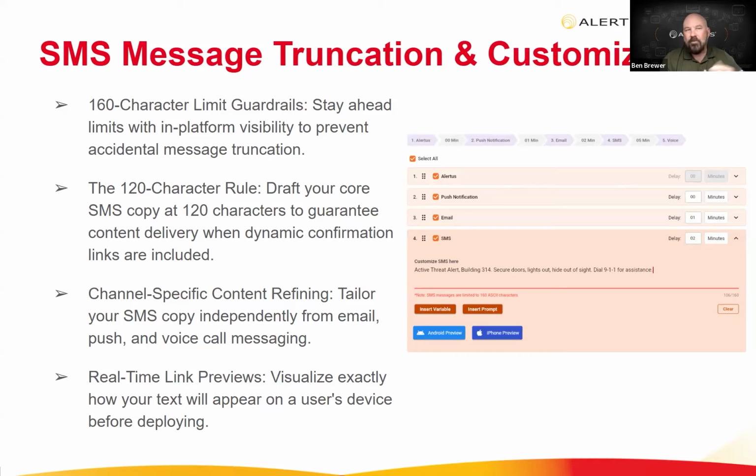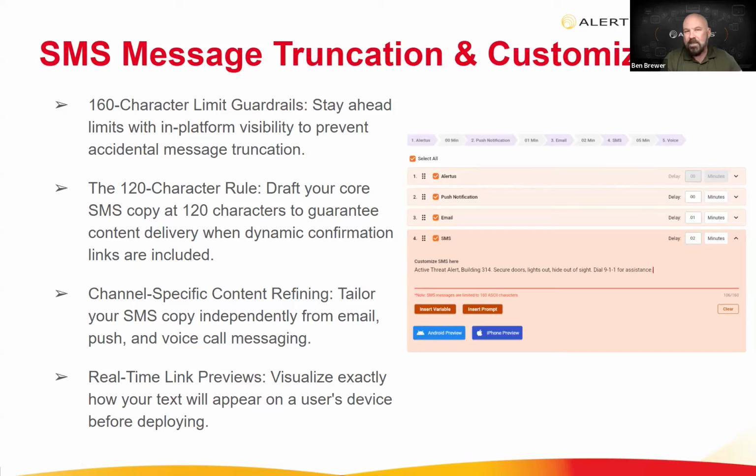You can start off with an initial notification content, and then if you want to embellish upon that content further for email or push notifications, you can customize it at that level, or you could have it at that core baseline notification content level when you're creating a custom activation or a one-touch template.